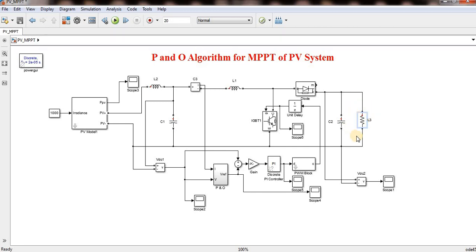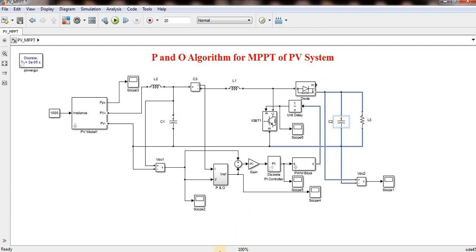So this 10 ohms is not sufficient. It will consume more power because I can't get 200 or 250 volts by applying 600 plus volts as input to the boost converter. A boost converter will always boost the voltage, so it should be more than 660 volts. Let us assume 700 volts.